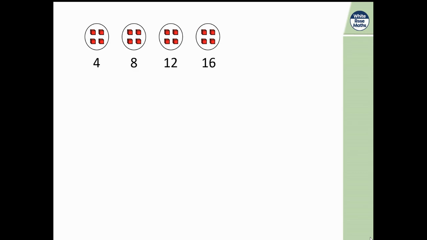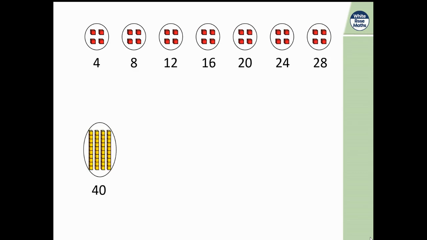Let's have a look at this one here. So you can see that if I use my 4 times tables, I can count up in 4. So I've got 1, 2, 3, 4, 5, 6, 7 groups of 4 there, haven't I? And I know that 7 times 4 gives me a total of 28. So I've got 28 ones in total.